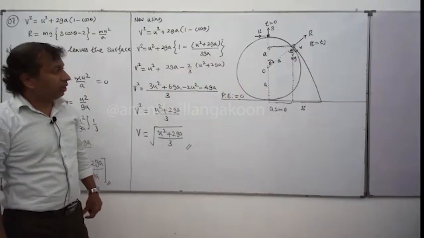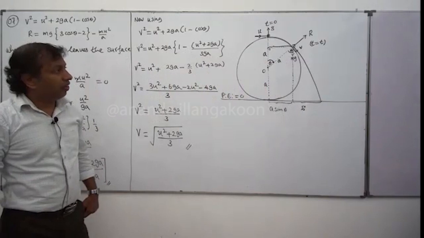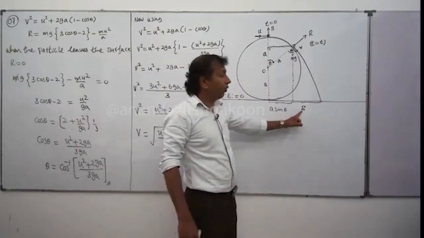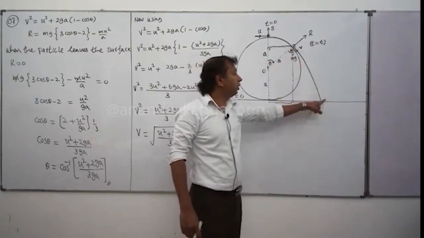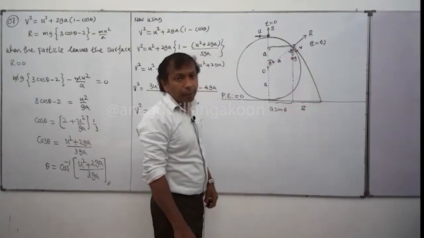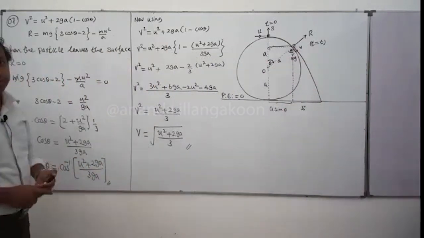Here we get a bit long simplification. First of all, to find this S, we have to calculate the time the particle takes to reach the horizontal plane. By applying equations of motion, we can do that. The time we have to find.